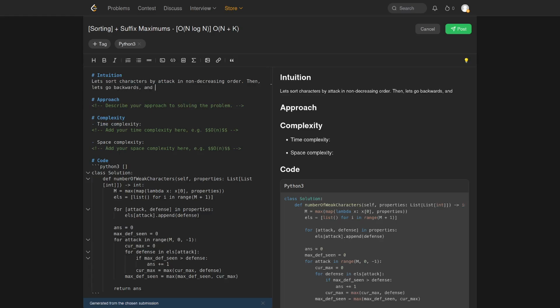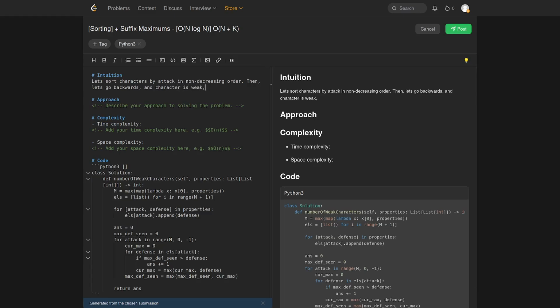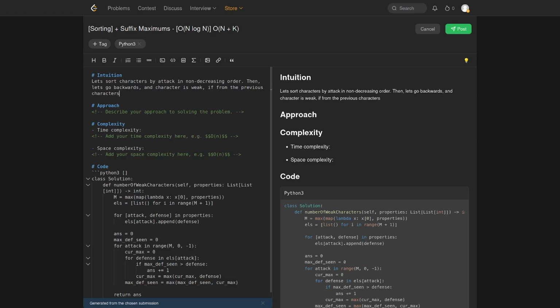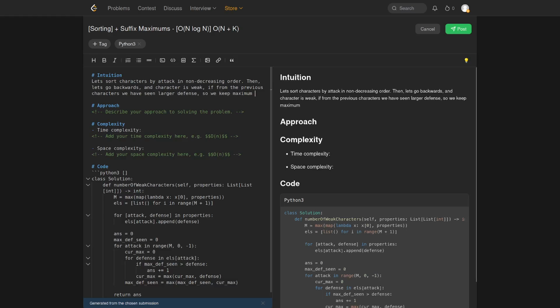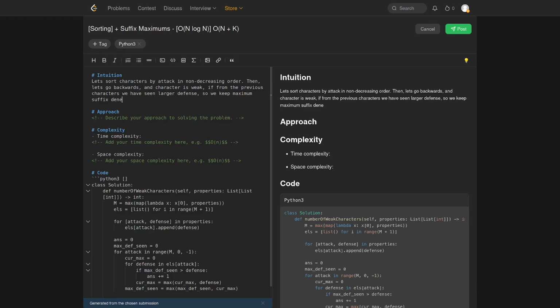A character is weak if from the previous characters we have seen larger defense, so we keep the maximum suffix defense.